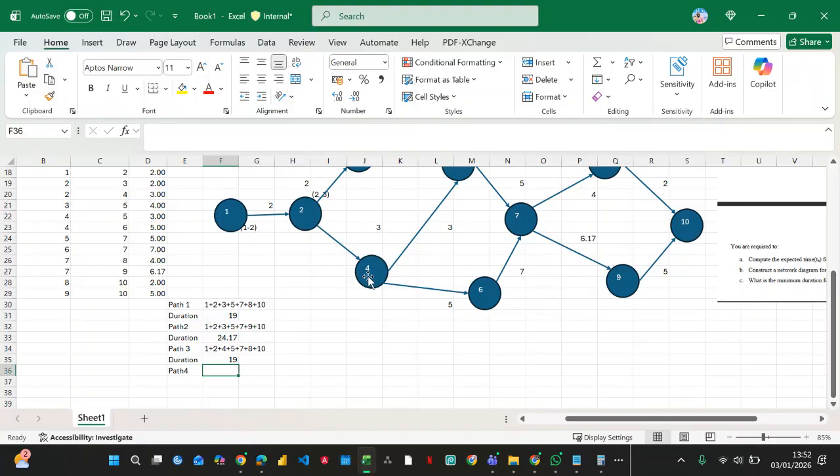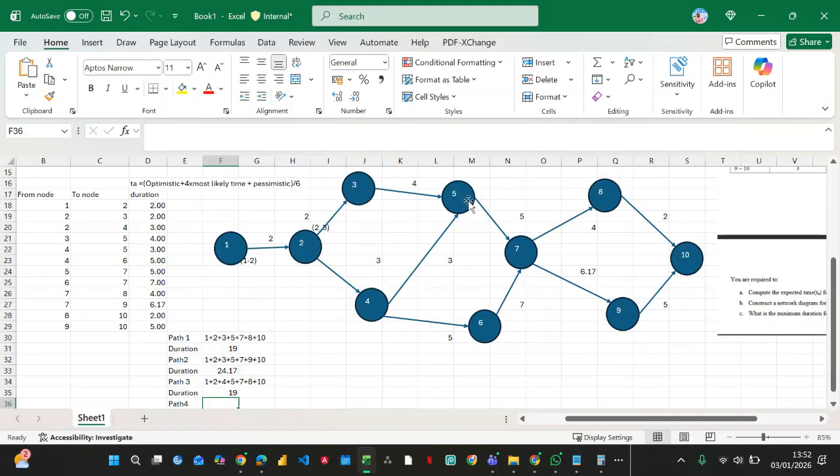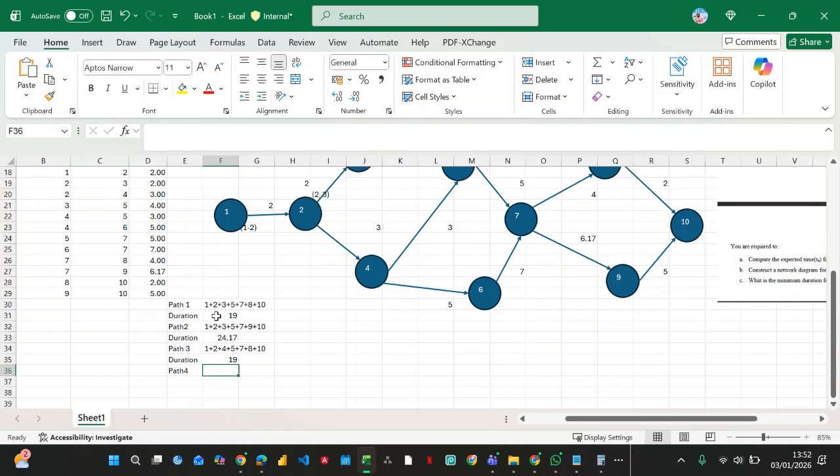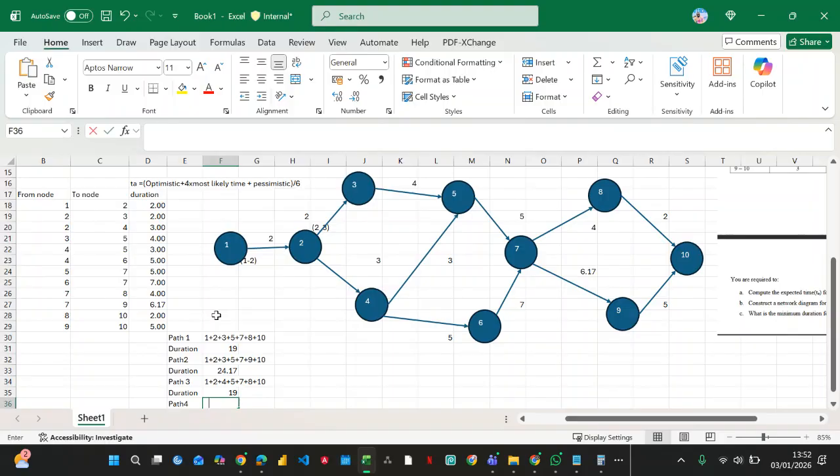So now, here, we can move from 1 to 2 to 4, right? Then we go to 5, then from 5 we go to 7, then we go to 9, then we go to 10. You get? Okay.